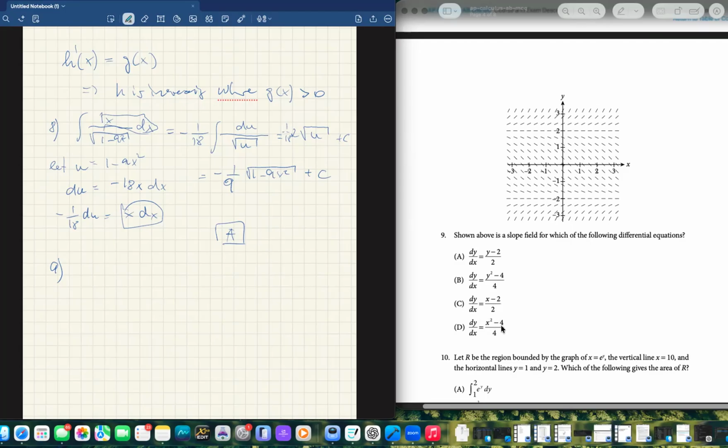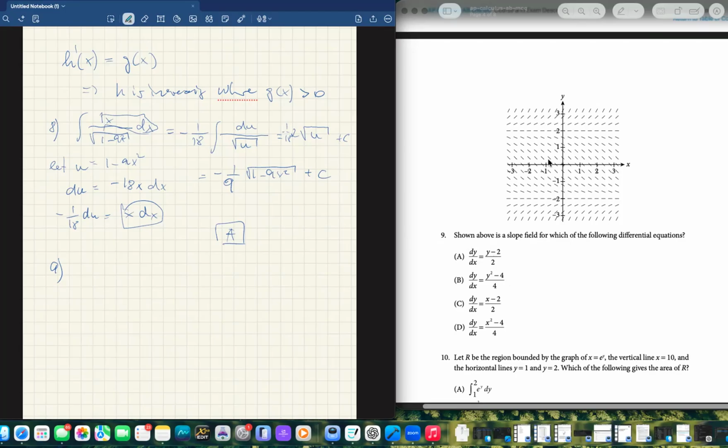They're only dependent on x. Pretty much all of the slopes are identical for a specific value of y. So that means the differential equation can only be dependent on y. So it has to be A or B, and now I can just try out what happens.